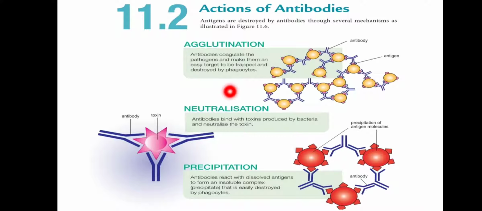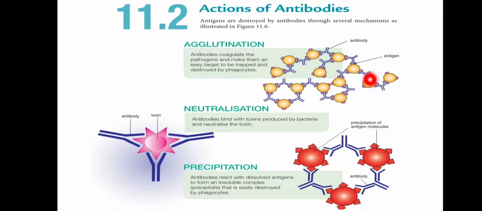Actions of antibodies. Antigen are destroyed by antibodies through several mechanisms. So the first one, agglutination. Ini adalah cara bagaimana antibody destroy antigen. Antibodies coagulate the pathogen and make them an easy target to be trapped and destroyed by phagocytes.